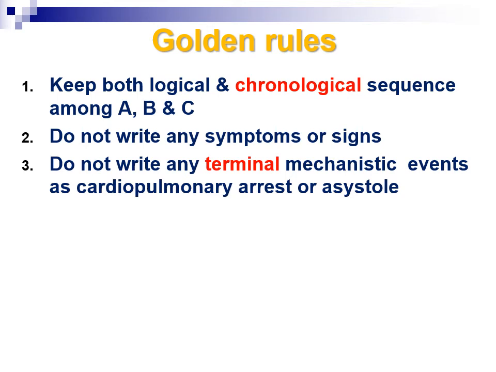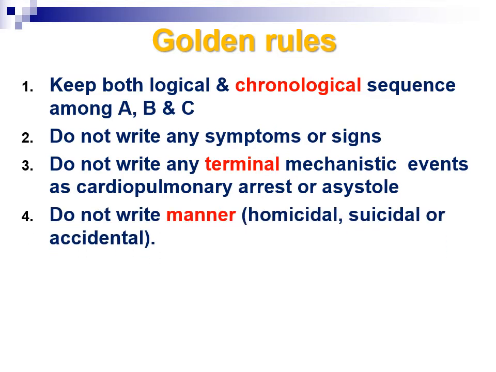Don't write any terminal mechanistic events. Don't write cardiopulmonary arrest or asystole. Any patient, whatever the cause of death, will pass through these events. They are terminal events. Don't write the manner. This certificate is not the place to write the manner, homicidal, suicidal, or accidental.